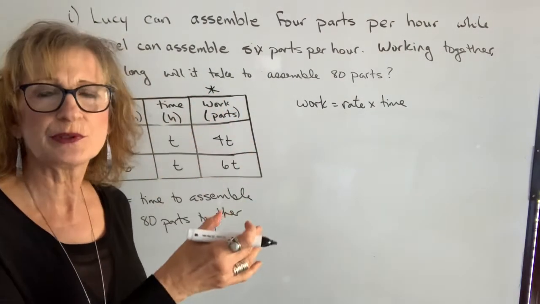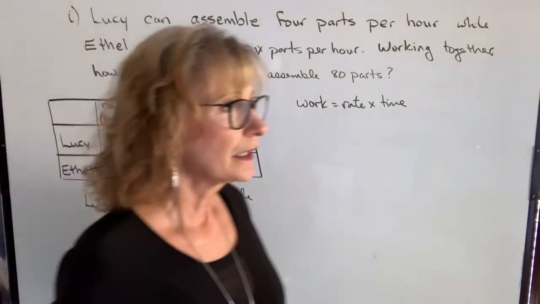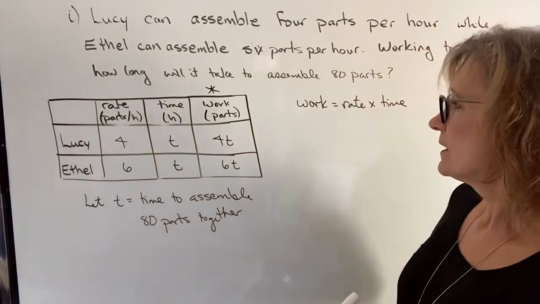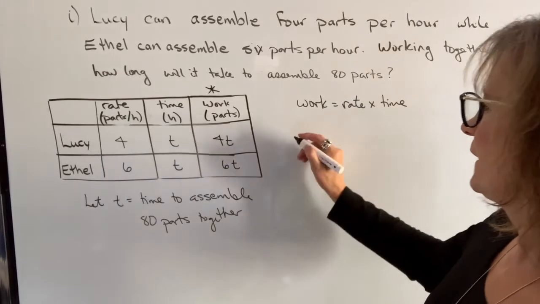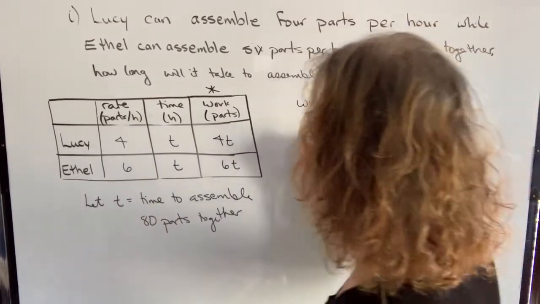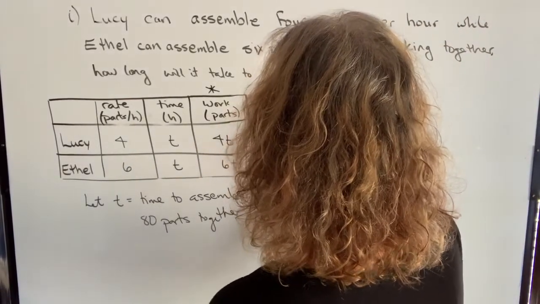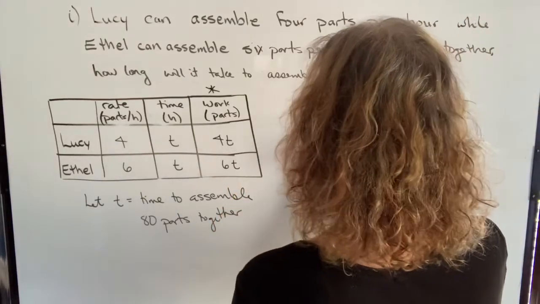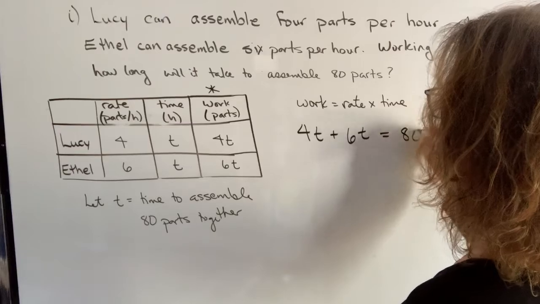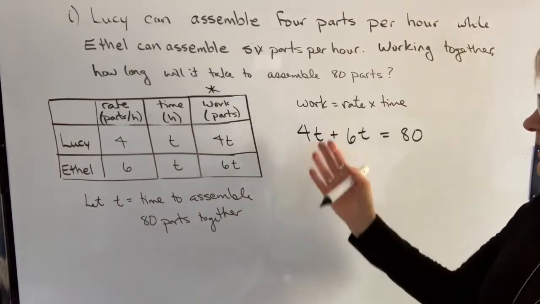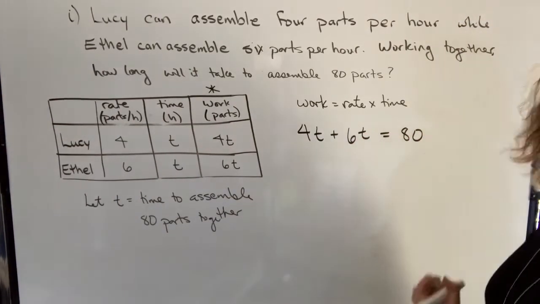The third one that you complete, that should be the one that you use for your equation. So what do we know about the total work? Well, the work done by Lucy, which is 4T, plus the work done by Ethel, 6T, should equal total work, and the total work we want done is 80 parts. So the work done by each person, you add them up to get the total.